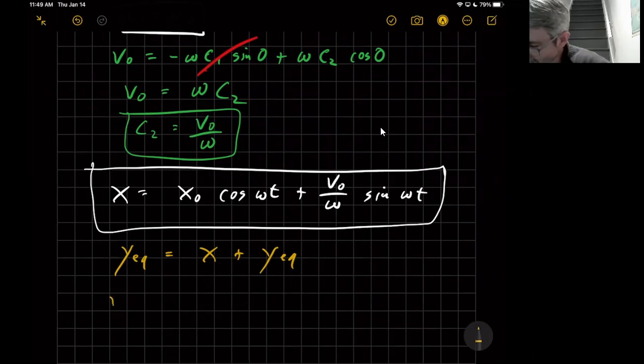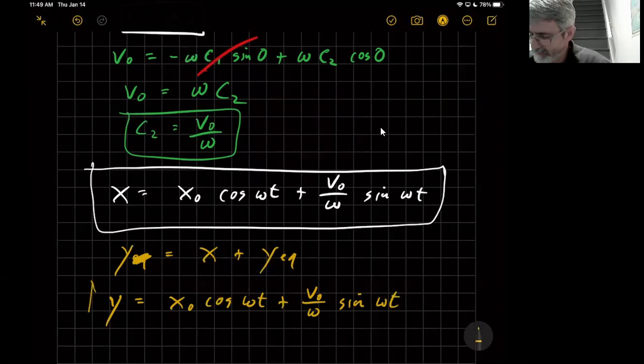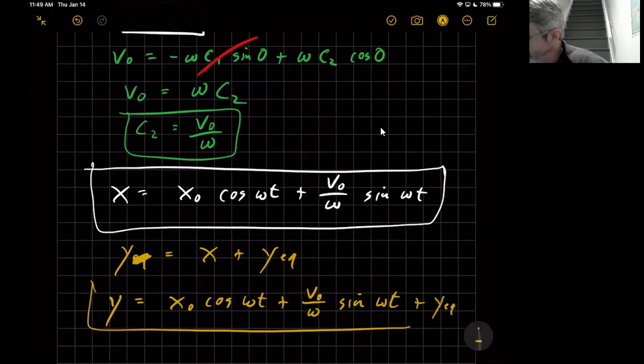So in general, y will equal x plus y equilibrium. So we could say y is equal to x naught cosine omega t plus v naught over omega times the sine of omega t, plus y equilibrium.